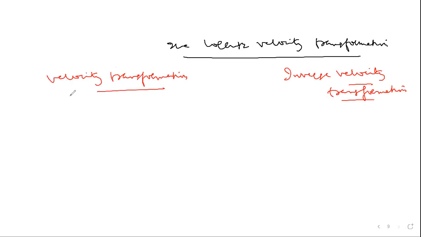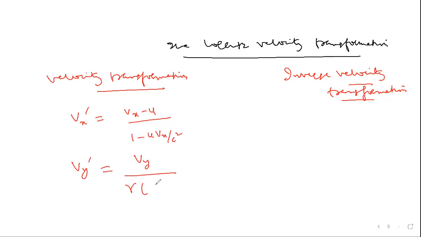Now, the velocity transformation we have obtained: Vx prime is Vx minus u over 1 minus u Vx by c square. Vy prime is Vy over gamma times 1 minus u Vx by c square.